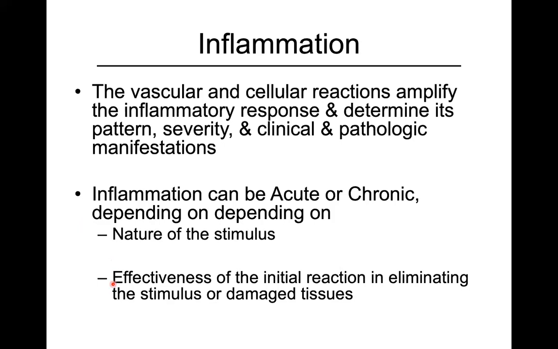If the acute inflammatory response is able to get rid of the pathogen, or whatever induced that response, then it's going to resolve. If you're not able to get rid of the inducing reaction, whether it's a pathogen or any other type of damage, then the response will persist and then transit into a chronic inflammatory response.